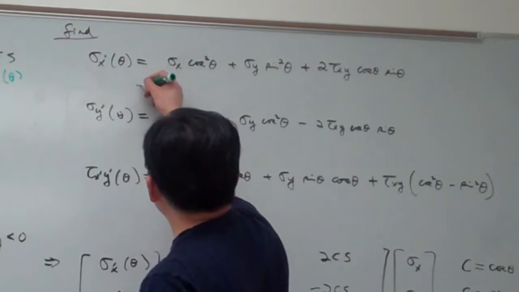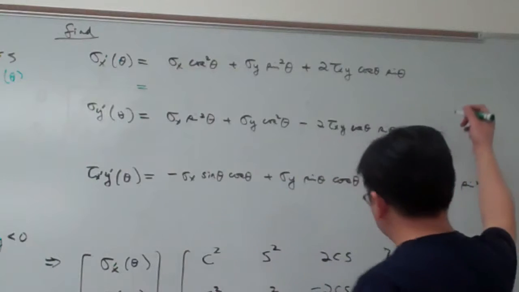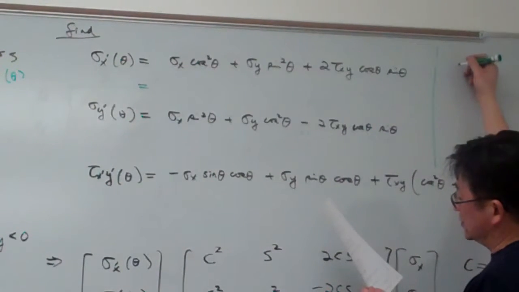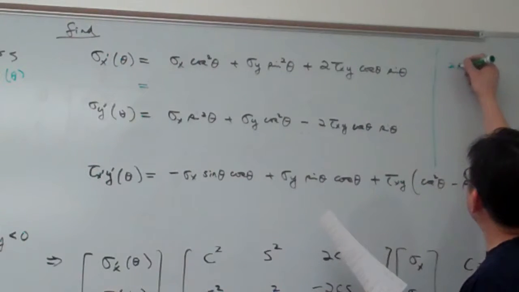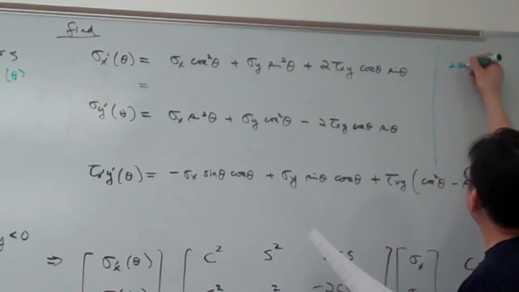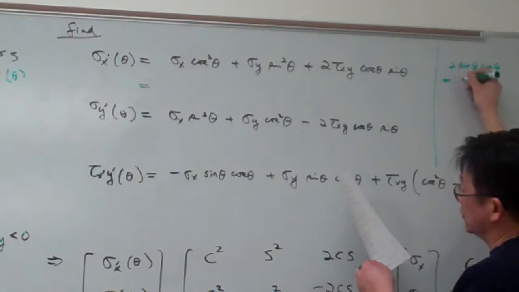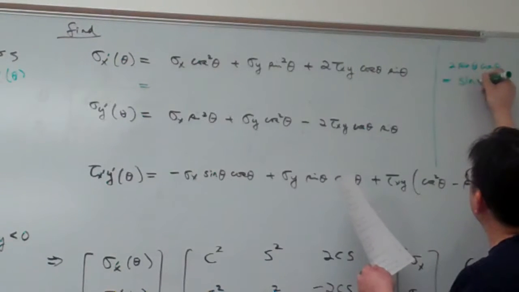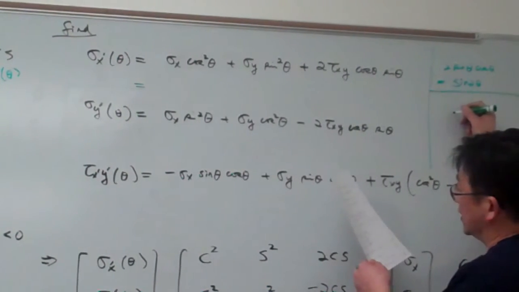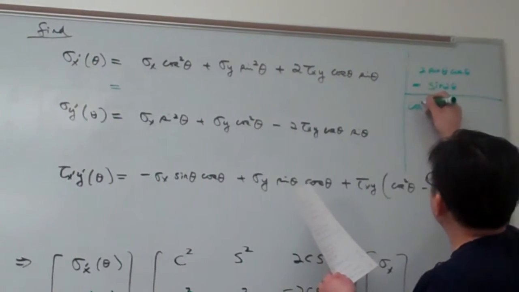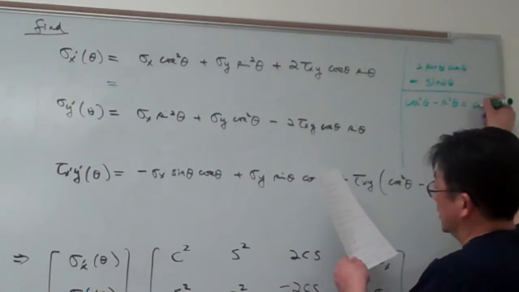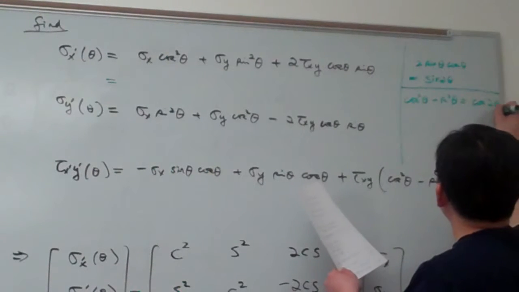So this equation can also be rewritten by simply utilizing trigonometry. That means 2 sine theta cosine theta equals sine 2 theta, and cosine squared theta minus sine squared theta equals cosine 2 theta.